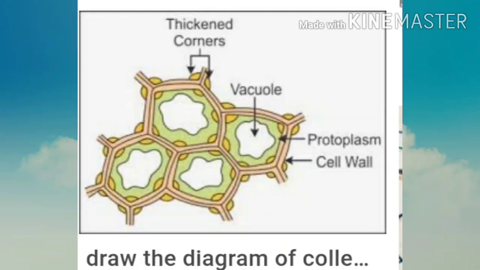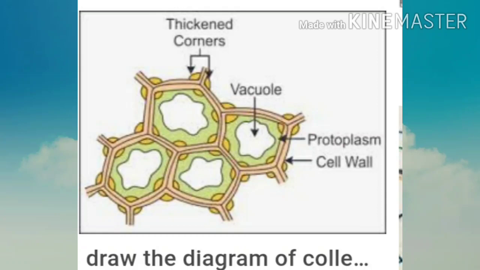Now next, collenchyma. Structure or characteristics of collenchyma. In collenchyma, cells are elongated with unevenly thickened cell walls at the edges. Little intercellular spaces are present between the cells.